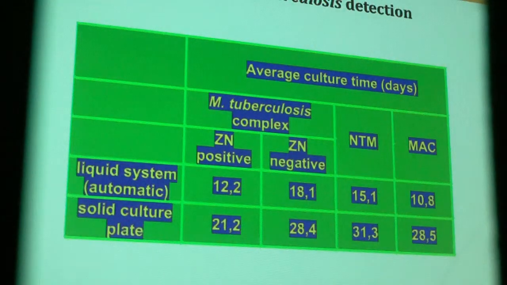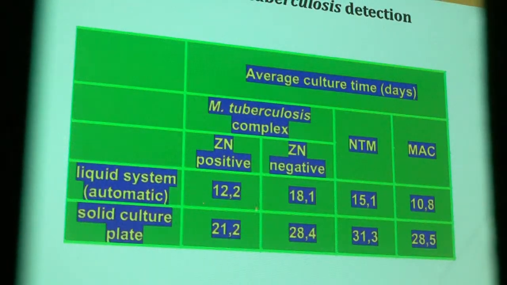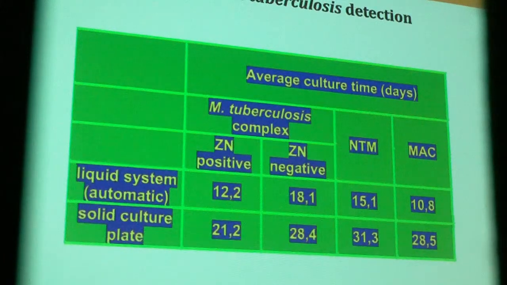This is quite an improvement because the liquid system, which is what I showed you, is far more rapid than a solid culture, which was used in the time of Louis Pasteur. So you get an increase in time to result. That means that within 2 weeks for tuberculosis you have a result. And that's rapid, because before that it took up to 6 weeks before you had a result on tuberculosis. I will come to that later because we now have other techniques for that.